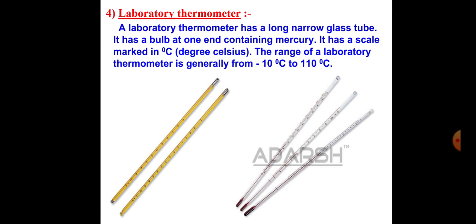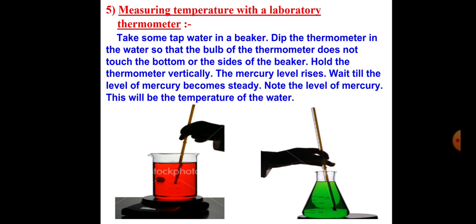Now, how can we measure temperature with the help of a laboratory thermometer? As shown in the diagram below, take some tap water in a beaker, dip the thermometer in the water so that the bulb of the thermometer does not touch the bottom or side of the beaker.